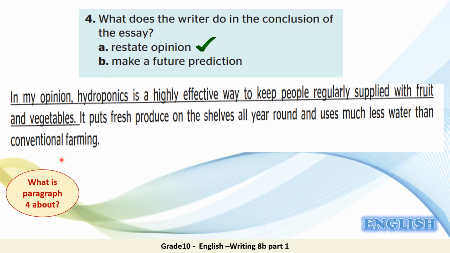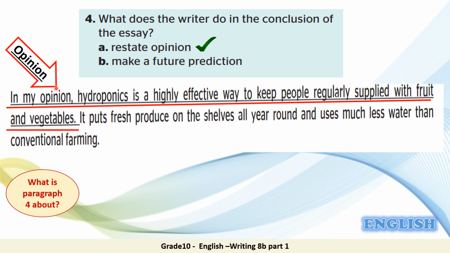Now, what is paragraph 4 about? Pause, read through it, and try to figure out. Let's analyze it together. The writer began with, in my opinion. So the sentence underlined with red is about the writer's opinion.